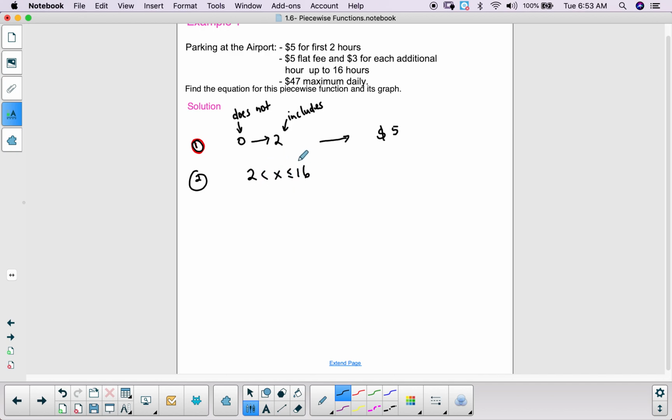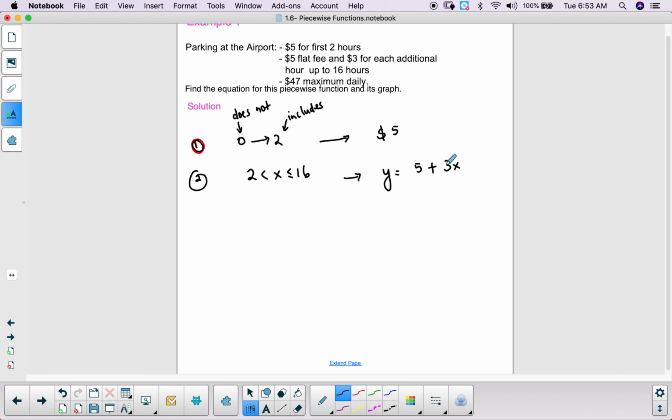So between 2 and 16, not including 2 but including the 16, it's going to be $5 flat fee plus $3 for each additional hour. So that would be y equals 5 plus 3x, if you think of it as the equation of a line where you have a flat fee of 5 and the slope of the line is 3.